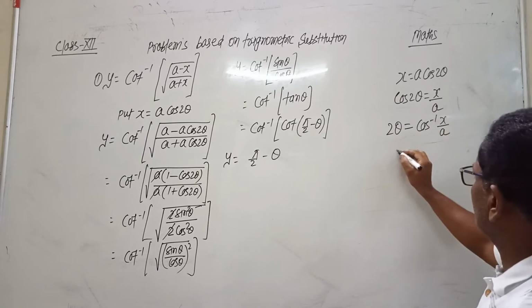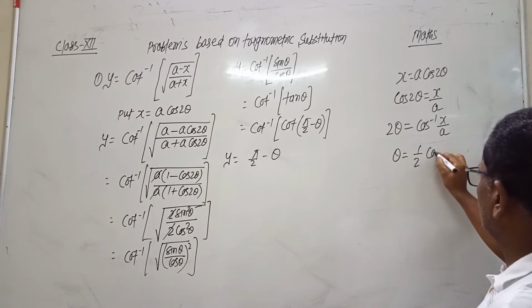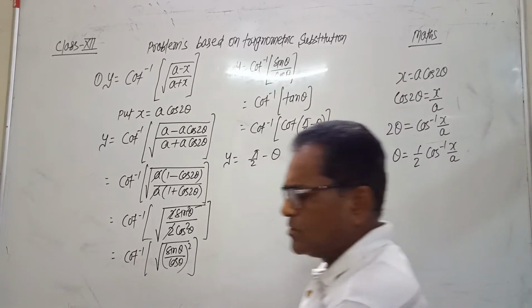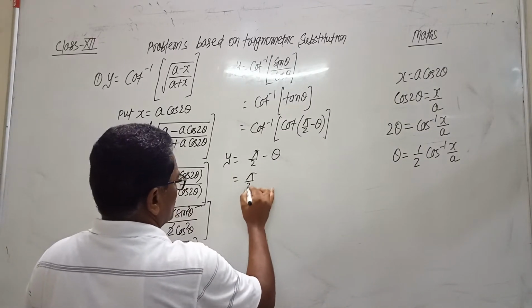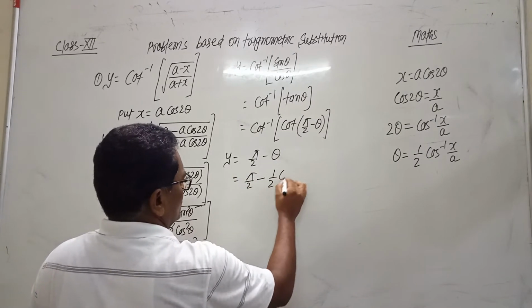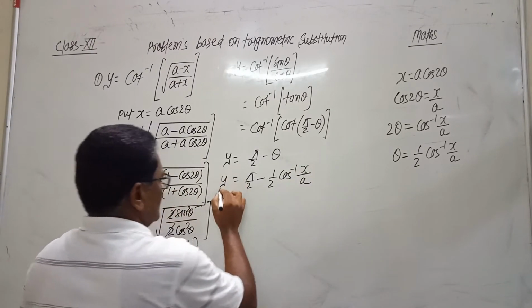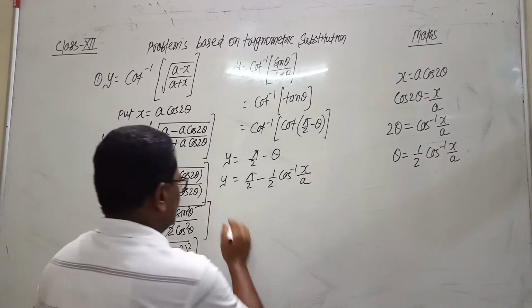And theta comes to be 1 by 2 cos inverse x by a. So we put the value of theta: y equals pi by 2 minus 1 by 2 cos inverse x by a. This is y. Now differentiate with respect to x.